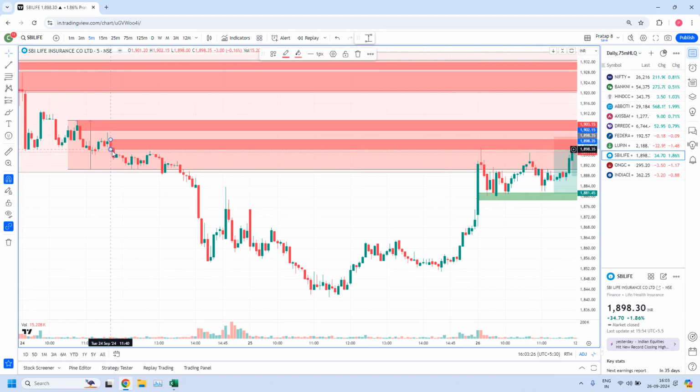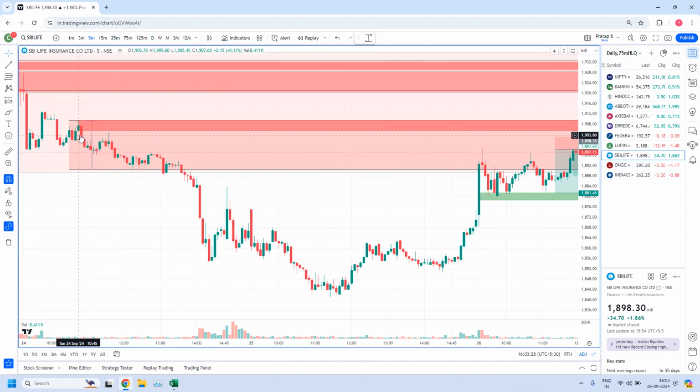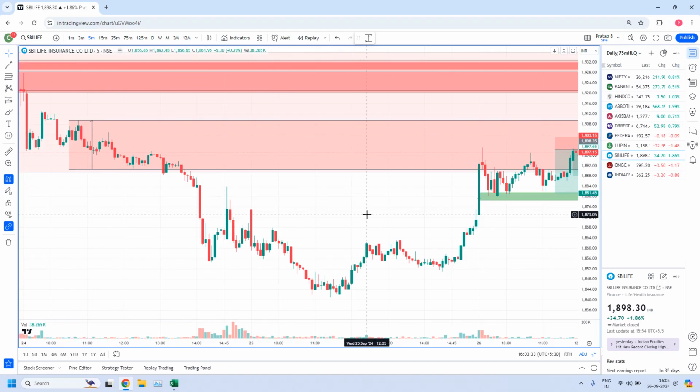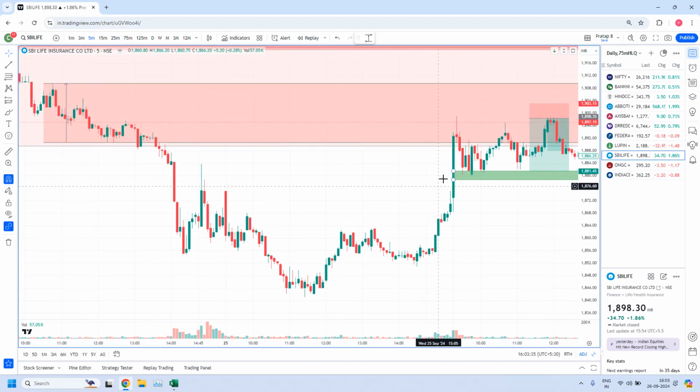First, let me delete this, then you will get clarity. See, prices are coming here and coming down. Again came here and again came down. Actually, the first time today morning at the 9:20 candle, it reached and then came down. Immediately, your focus should be on this area.